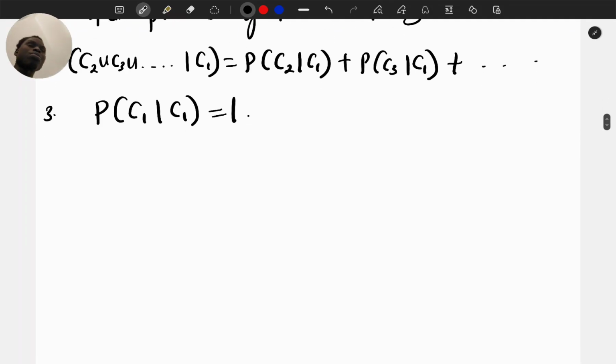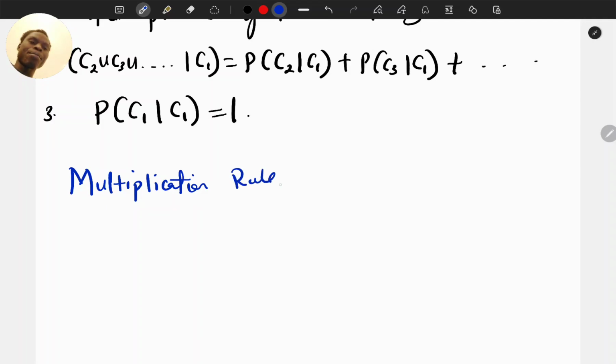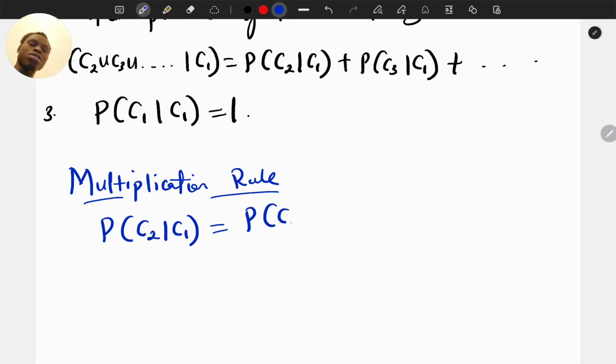You also have what we call the multiplication rule. The probability of C2 given C1 is equal to the probability of C1 intersection C2 over the probability of C1.